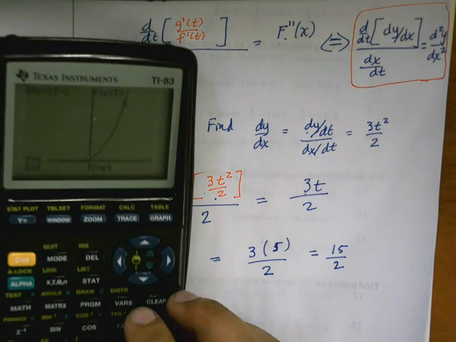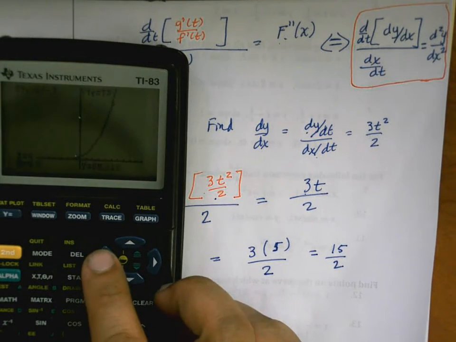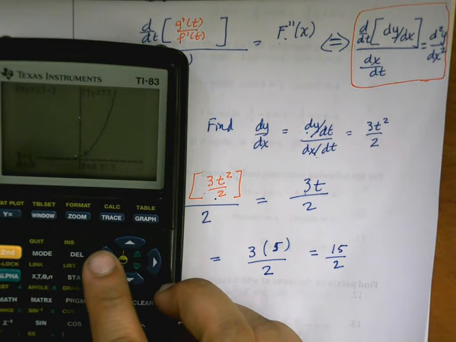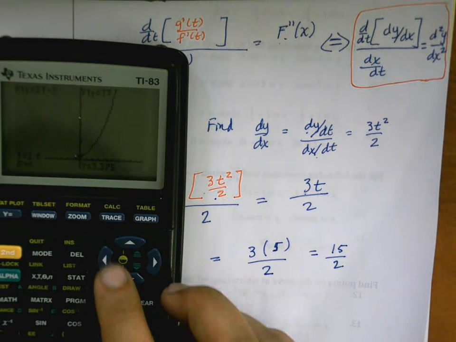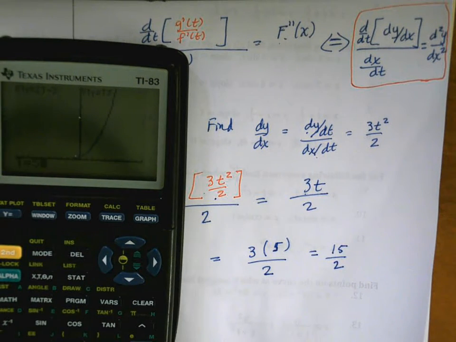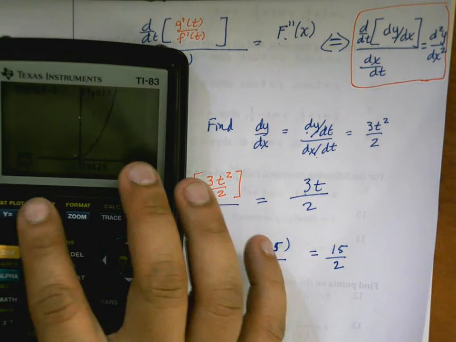Well, in this case, all t really does is help us find x and y. All along, t is a parameter that helps us to find x and y. So this is like saying, if t is equal to 5, how fast is the derivative changing?